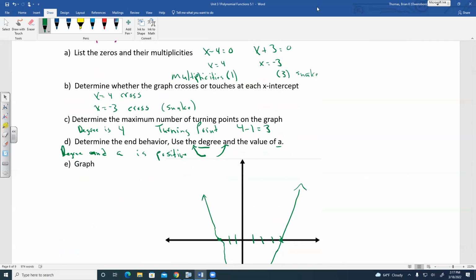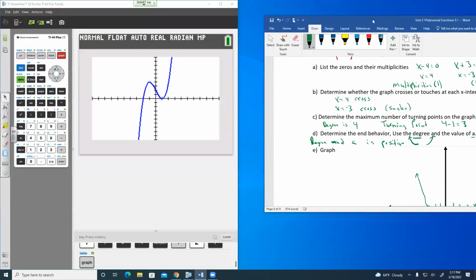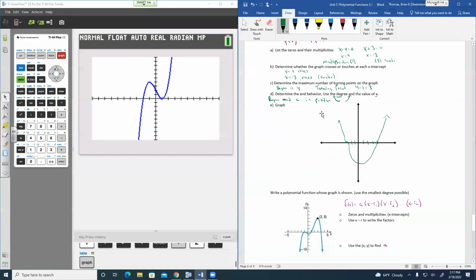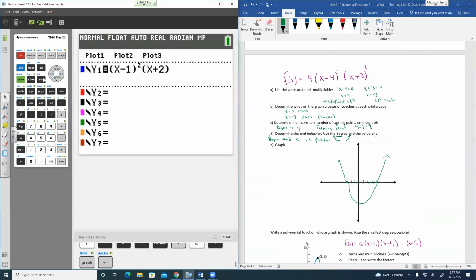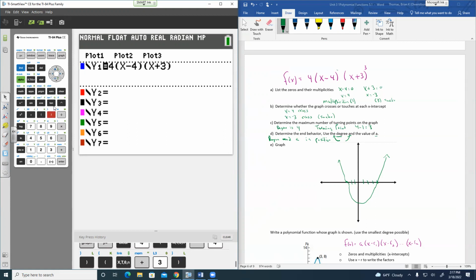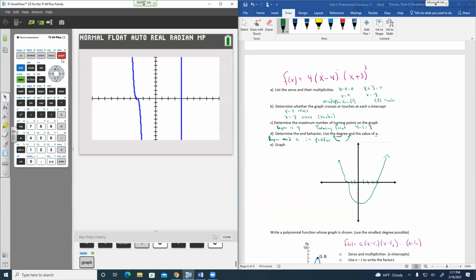So let's look at the graphing calculator and see what it gives us here as well. So if I hit y equals and clear this off, 4 times x minus 4 times x plus 3 to the third power, and graph.